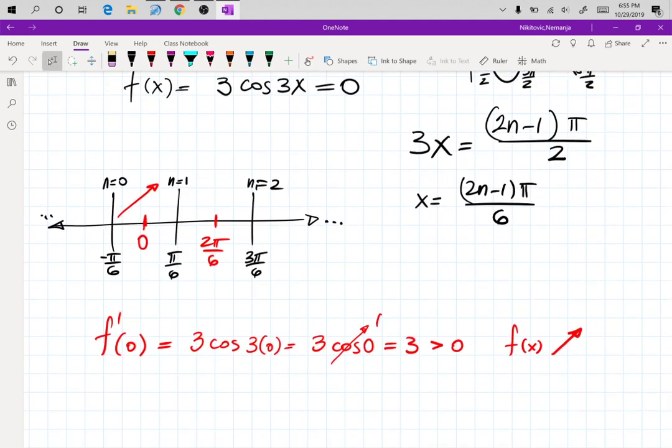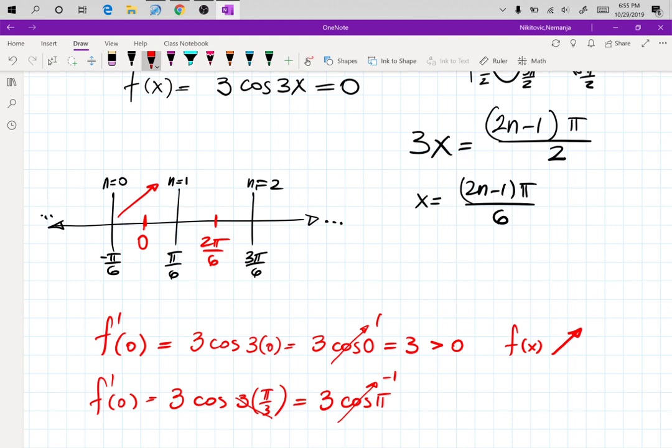The next value we are testing is f prime of pi over 3, which is our second test point. So 3 cosine of 3 times pi over 3. Now these cancel, and you have 3 cosine of pi, which is negative 3, which is less than 0.